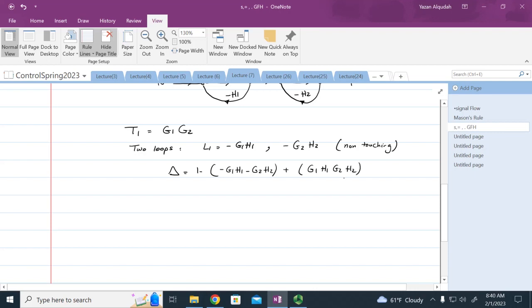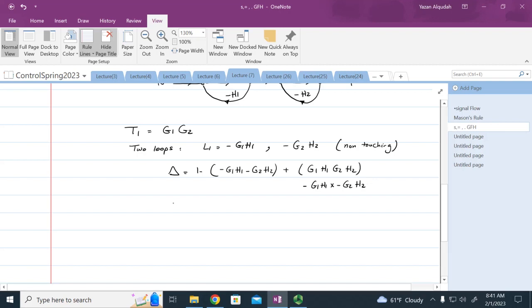Loop gains, taking non-touching loop gains, two at a time. Again, we have a negative sign, so it will cancel out. So this is negative G1 H1 multiplied by negative G2 H2. Together? There are no more than 2 loops, so there are no other terms left.